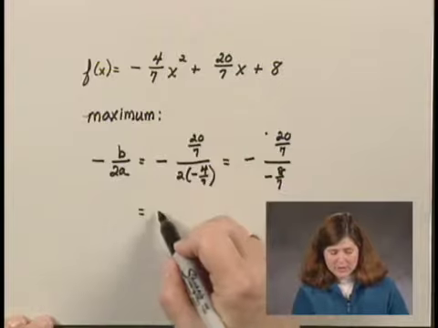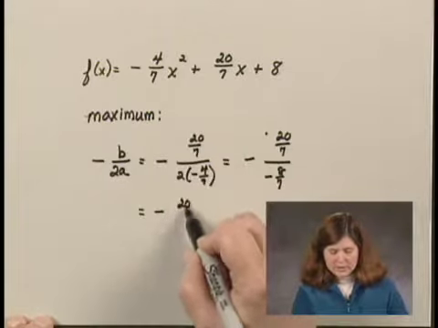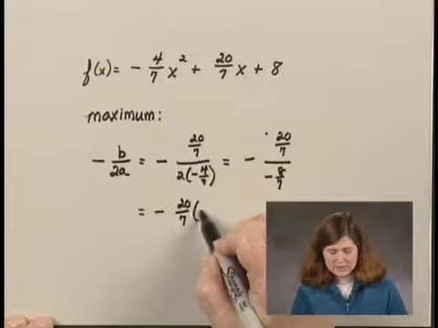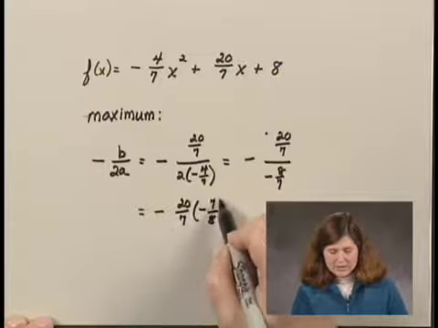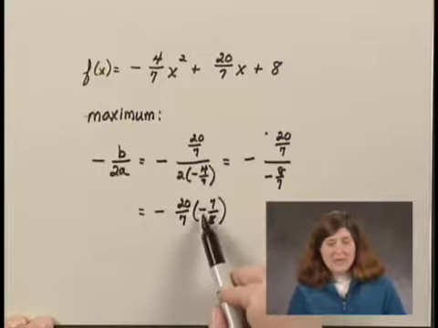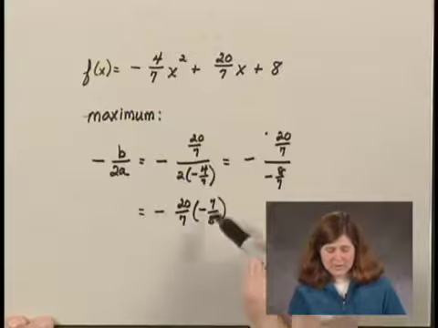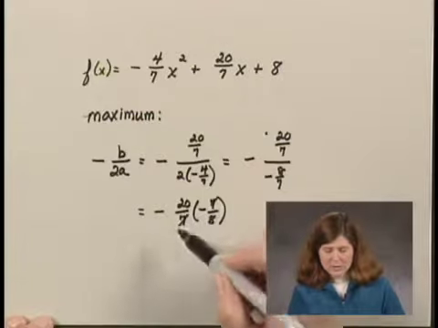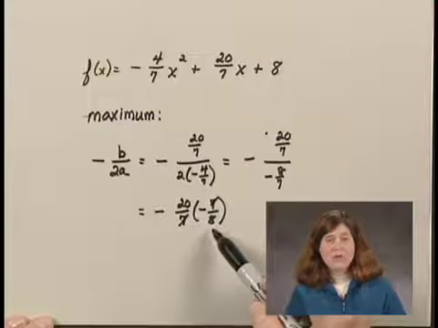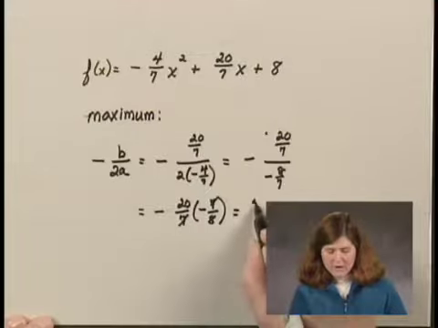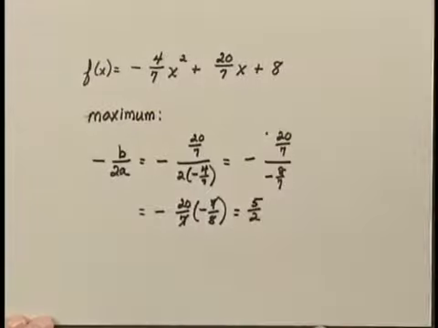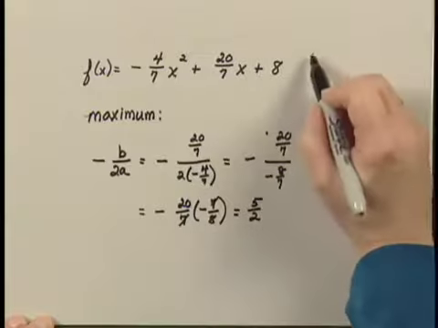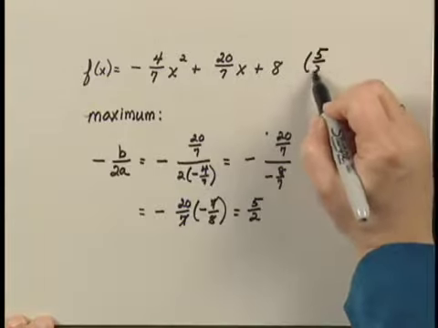So that equals the opposite of 20/7 times -7/8. We have the opposite of a negative number, so it will be positive. The 7s will cancel, and I will have 20 over 8, or 5/2. Now this is the first coordinate of the vertex.